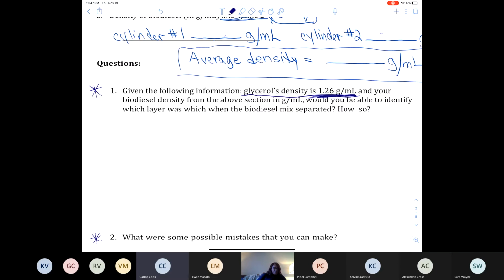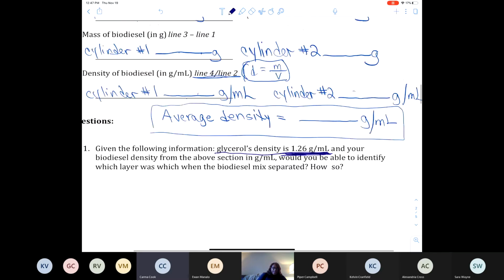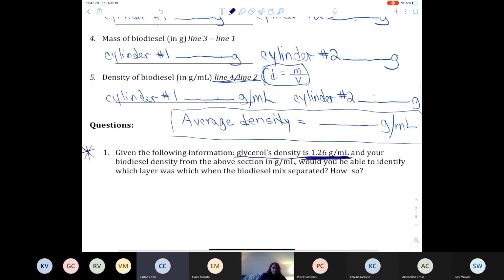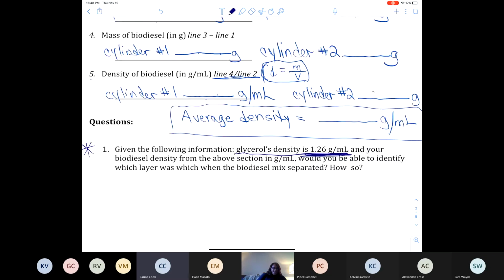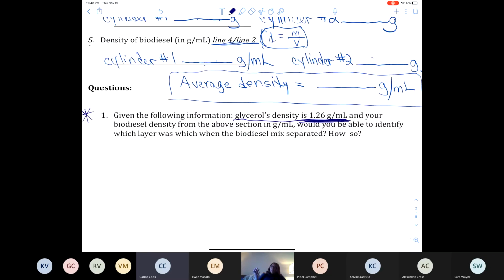Would you be able to identify which layer was which? Yes, by knowing what the density of glycerol is and knowing your density for biodiesel being between 0.8 and 0.9, then yes, by the principle of density, if you put the liquids in a column or in a separatory funnel like I did, the higher density liquid should be the bottom layer.